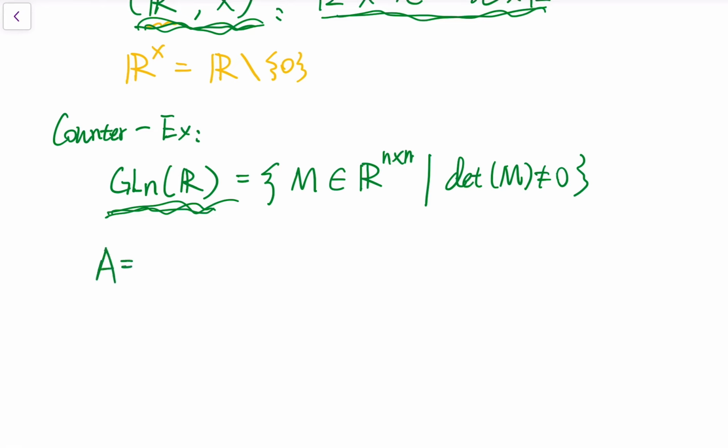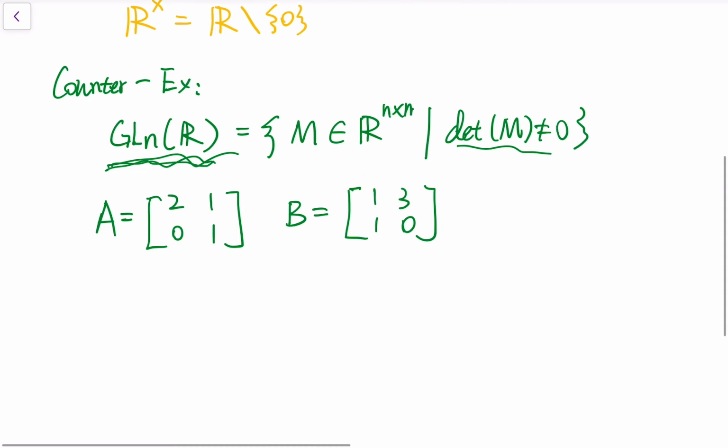Consider A as a 2 by 2 matrix in GL2, with determinant not 0, and B equal to another 2 by 2 matrix like this. We can first check that A and B are elements of this GLn.